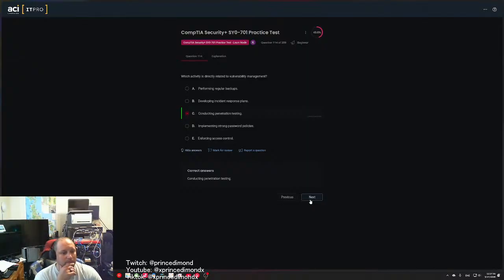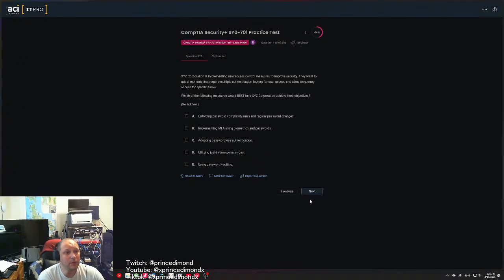Okay, so we'll go on to the next one. XYZ Corp is implementing new access control measures to improve security. They want to adopt methods that require multiple authentication factors for user access and to allow temporary access for specific tasks.